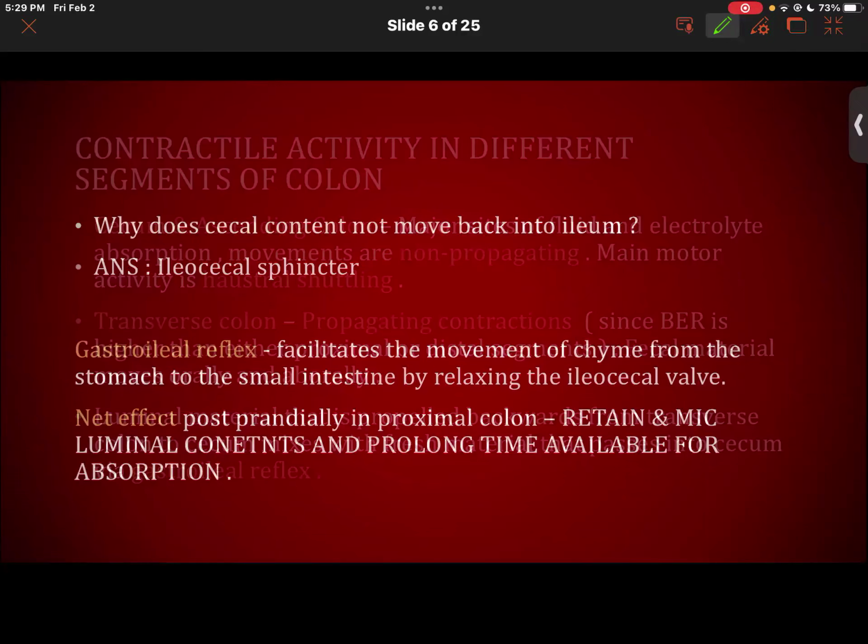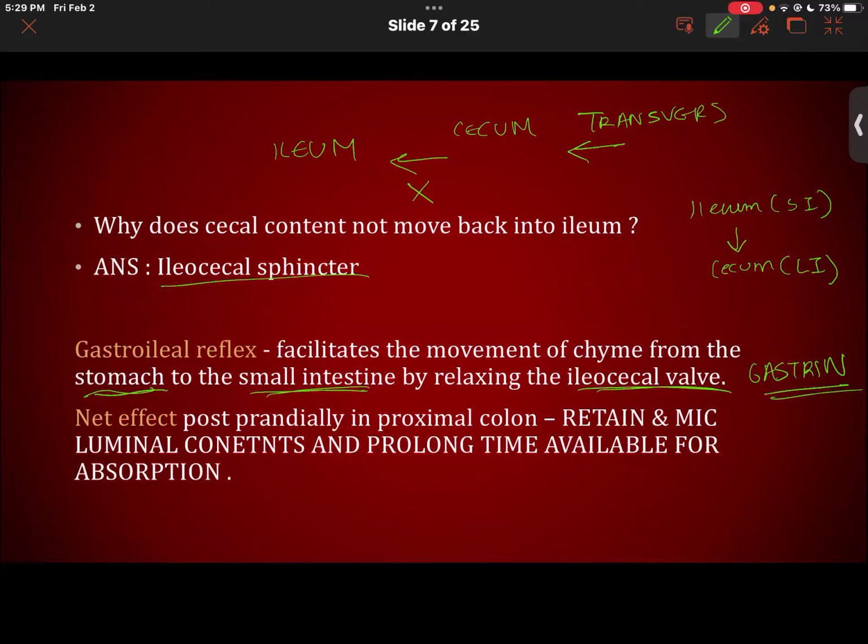Okay, so the net effect that happens postprandially, which means after food. Prandial means eating or food. In the proximal colon. So what happens after you eat in the proximal colon? So you retain and mix. Sorry, this isn't supposed to say MIC, it's MIX. Retain and mix luminal contents and prolong the time available for absorption.